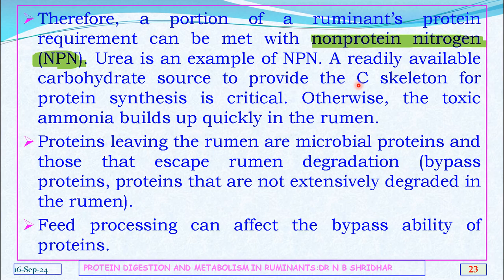One is non-proteinous nitrogen and a carbon skeleton in the form of crude fiber. Protein synthesis is a critical event, or else toxic ammonia builds up quickly in the rumen.